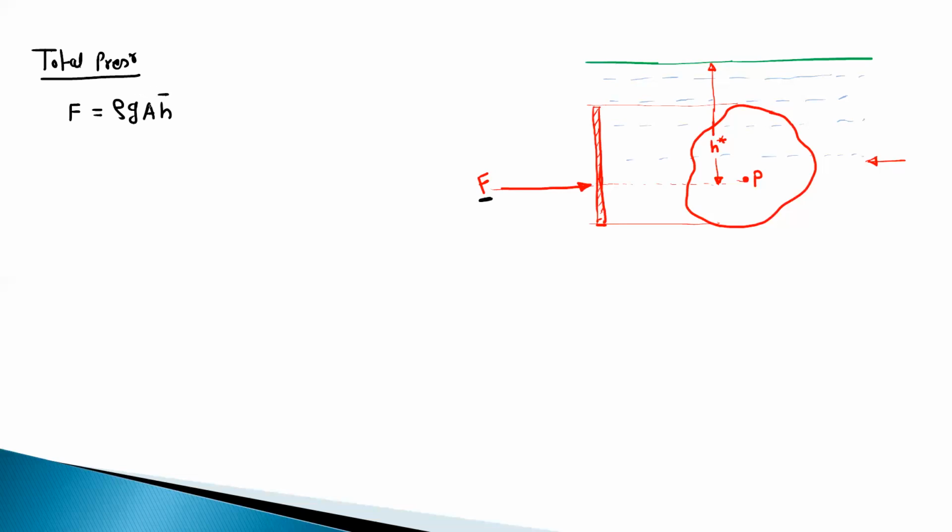So what is h bar here? h bar is the position of the center of gravity of the surface with respect to the free surface of the liquid.